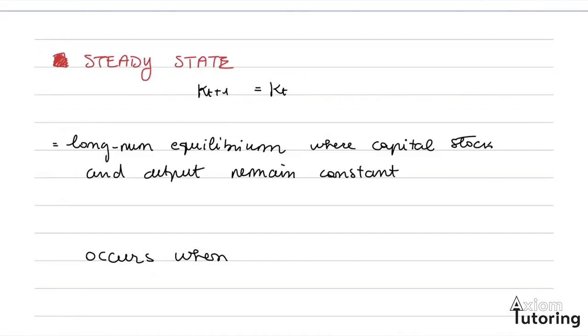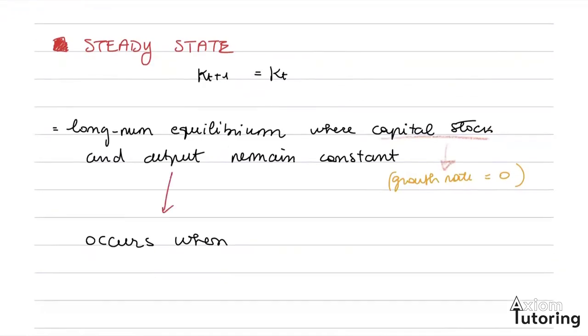Of course, if capital, and output as well, but for now let's focus on the capital stock, is constant across periods, it means that its growth rate equals 0.